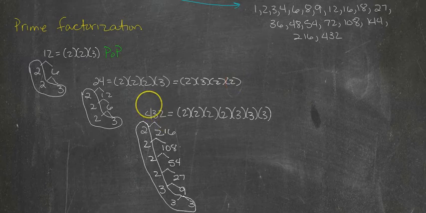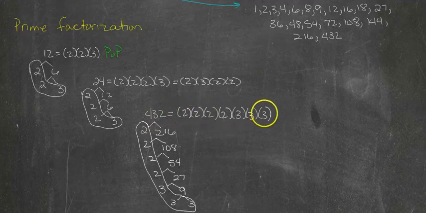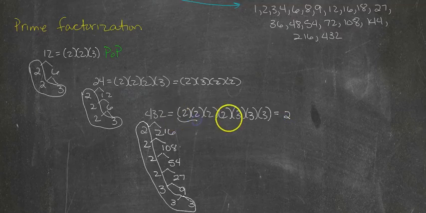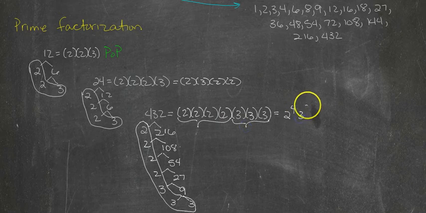Same thing with 432. But notice as I've gotten up into this giant 432 number, writing out the primes turns out to be very tedious. So we're going to write this in exponential form. We're going to write 2, and there are 4 of these. And then 3, there are 3 of them.